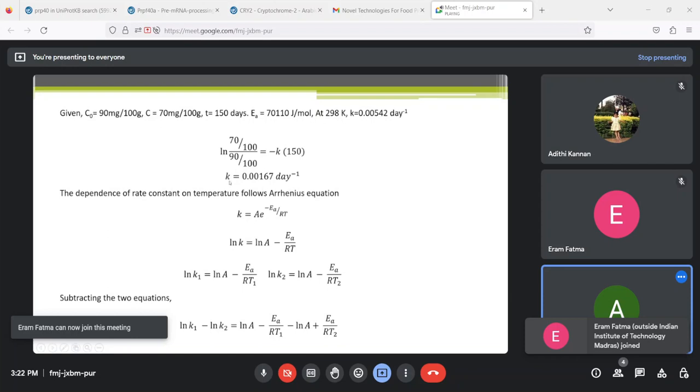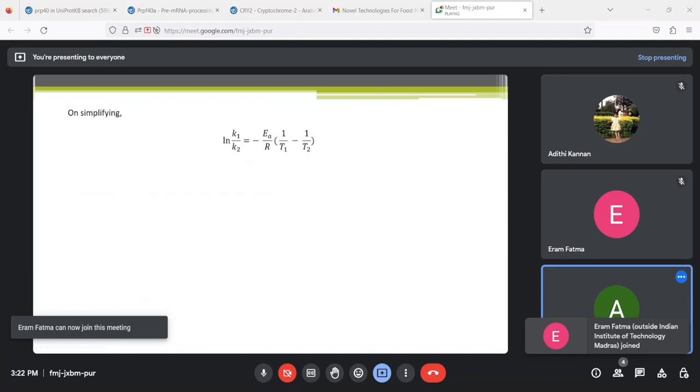So you have the temperature, you have K1, you have K2, and you need to find T2. That is the question asked. By direct substitution, at 298 Kelvin, K is 0.00542. At some unknown storage temperature, your K is 0.00167, which is what we calculated.